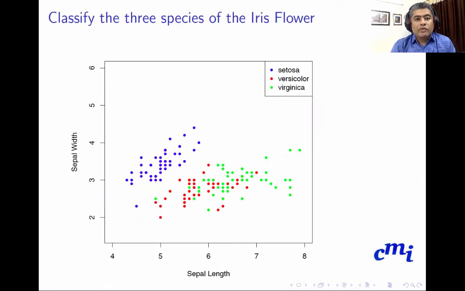Here is the scatter plot of the dataset at hand. On the x-axis we plot the sepal length and on the y-axis we plot the sepal width. The species of each flower is marked by color. Blue stands for setosa, red stands for versicolor and green stands for virginica.